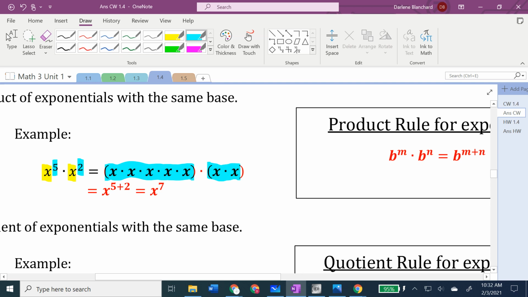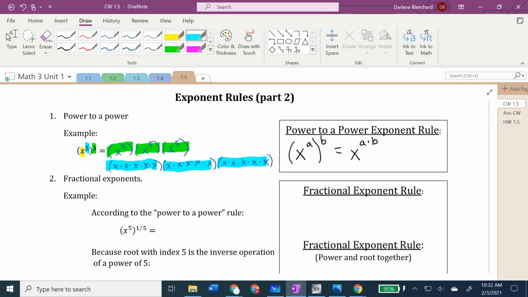So you're only adding those exponents. Look at that picture, compare it to this picture, where it's now saying you have 3 sets of those 5 x's. And see the difference, so that you hopefully don't mix up those two rules. They are easy to mix up.